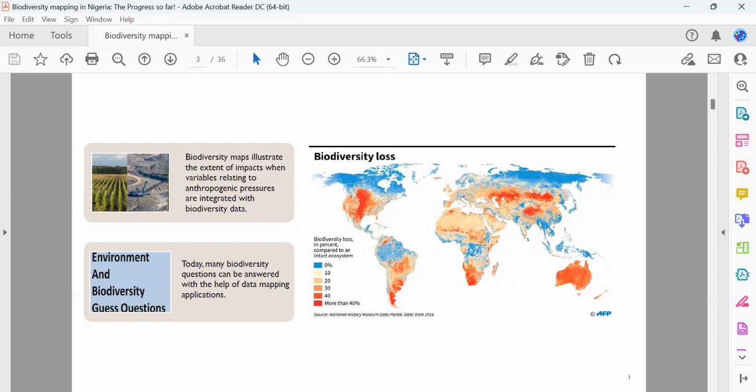If you look at sub-Saharan Africa, you can see it's also red. That is more than 40%. If you look at Southern Africa and parts of Asia and also parts of the United States in North America, you can also see the patterns of biodiversity loss. So these are some of the interesting things we can answer, we can see with biodiversity maps.